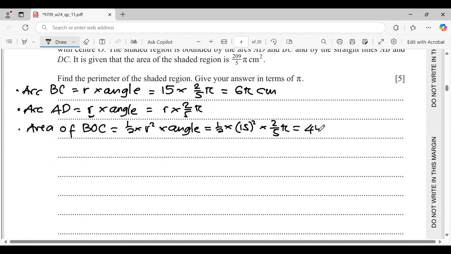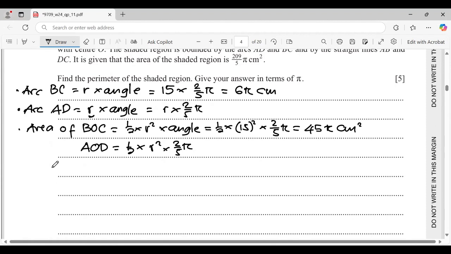It is 45 pi centimeters squared. And after that, the area of sector AOD is 1/2 times R squared times 2/5 pi.